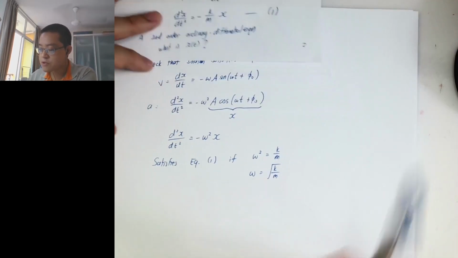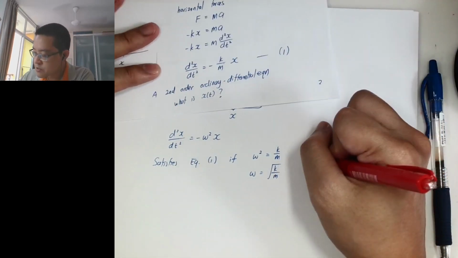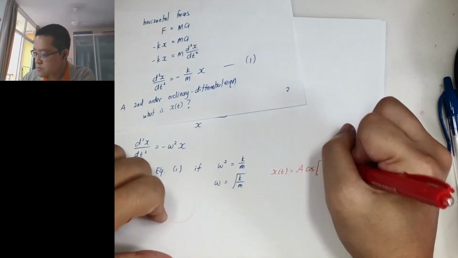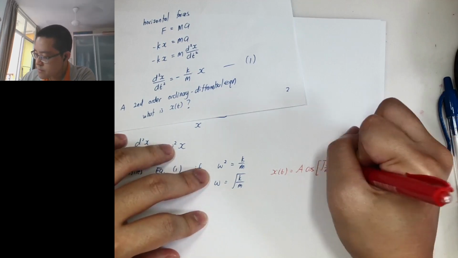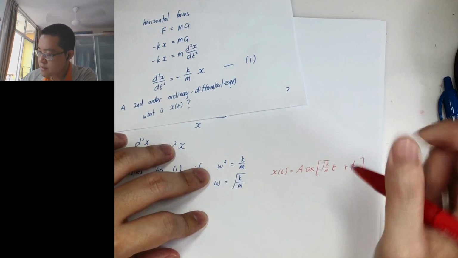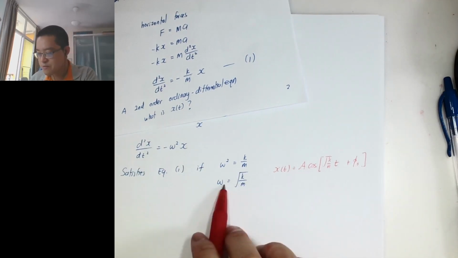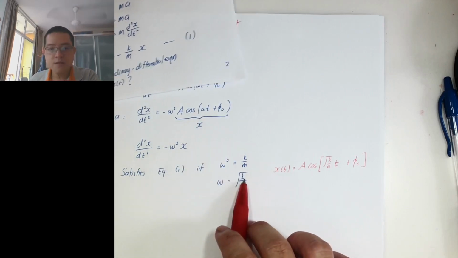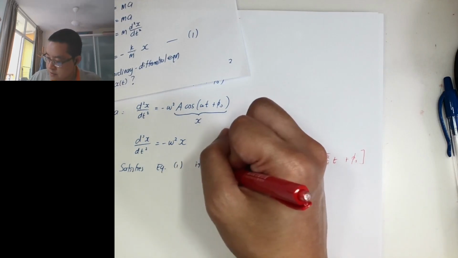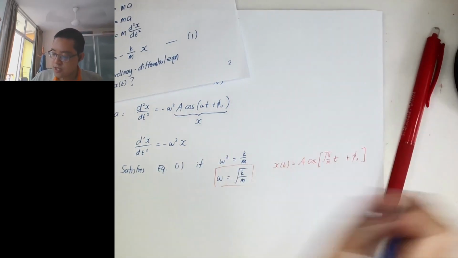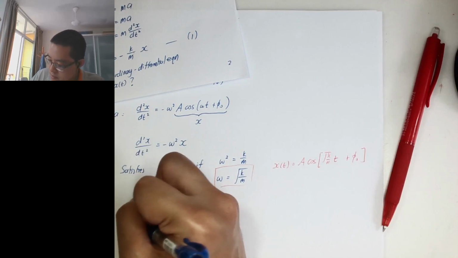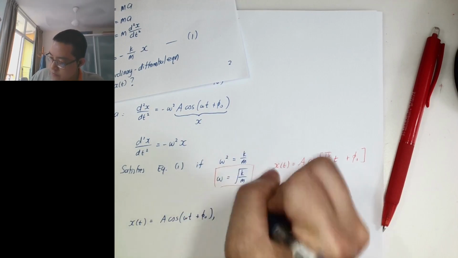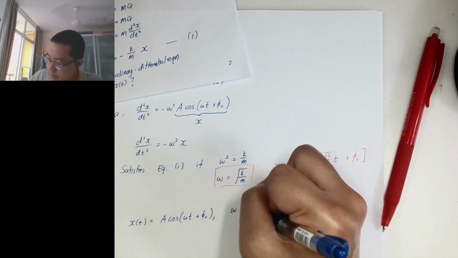So the solution that we should write is x of t is equal to A cosine of square root k over m times t plus the constant. But usually it's very messy to write the whole thing, so we just keep it as omega, and we know omega means this. So this is the solution. The general solution is x of t is equal to A cos(omega t plus phi 0), where omega is the square root of k over m.